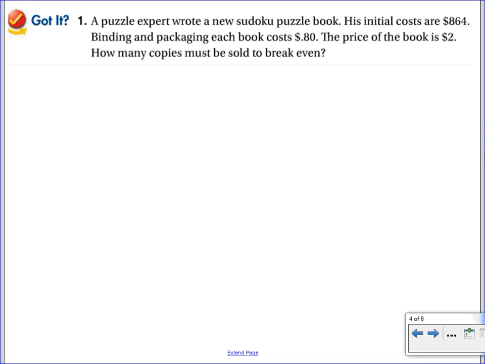Well, we're dealing with books, like copies, so maybe we'll call them copies, and again we're dealing with money. So the money that this puzzle expert will make is $2 per book, or $2 per copy. So there's one equation.